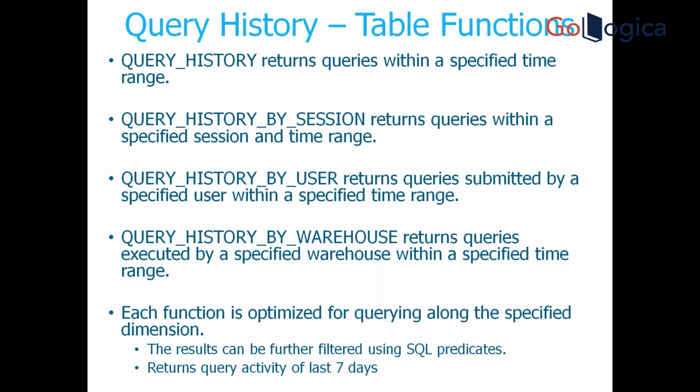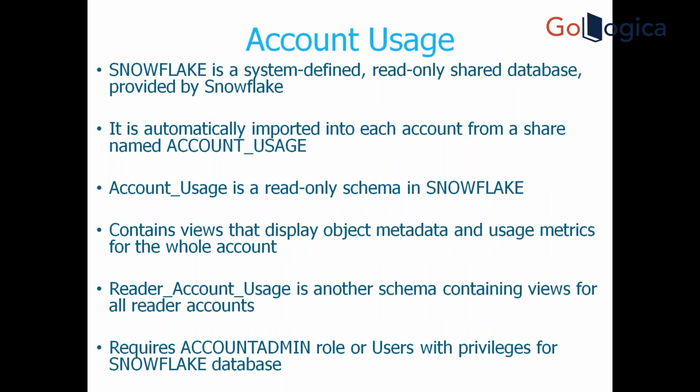This can be further filtered by using predicates. That means you can take queries by this user within a specified time range and executed on a particular database or schema. You can give filtering like that also. That is what query history is about.